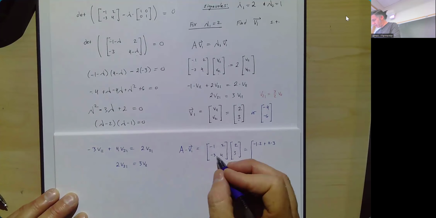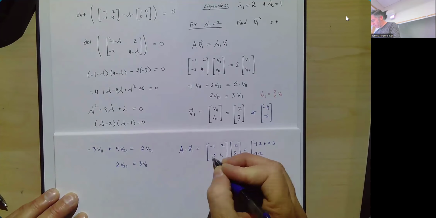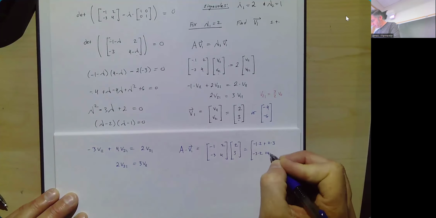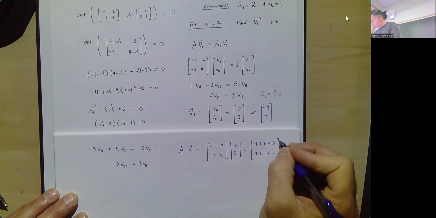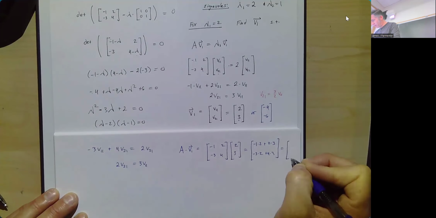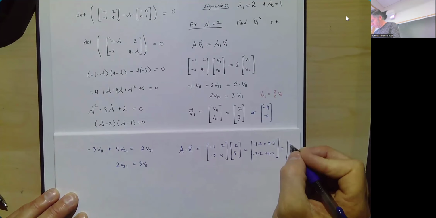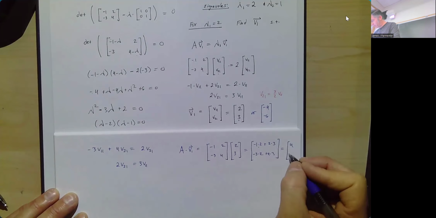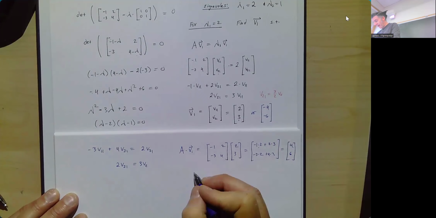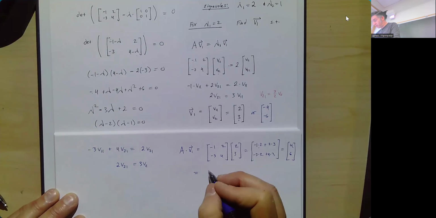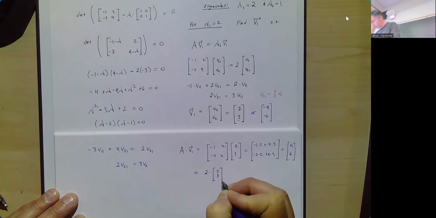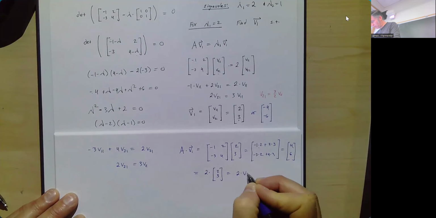And then -3 times 2 plus 4 times 3 is the second row with the first column. If we simplify this, we get -2 plus 6, which is 4, and -6 plus 12, which is 6. And that is exactly as prescribed, 2 times the original vector, or 2 times the eigenvector.